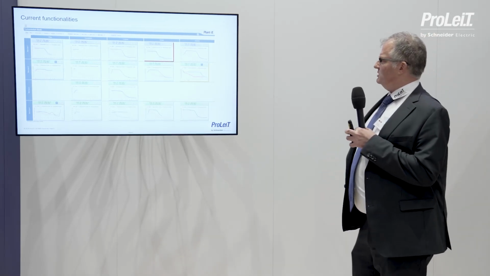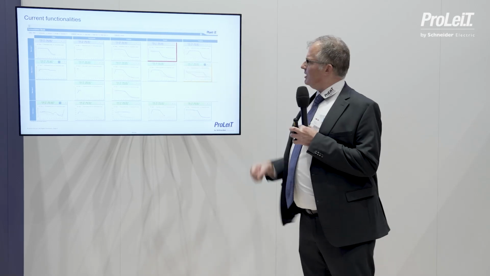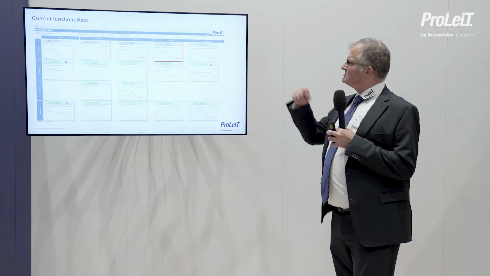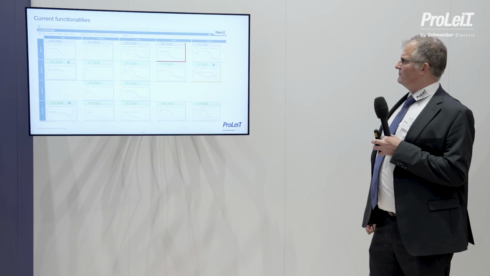And what else can you see here? You see a red column. In this case, the fermentation process is running out of specs. There is an alarm parameterized, so that the operator can directly see, oh, I have to take a look at my fermenter number 2, filled with beer type number 1. Something is going wrong.